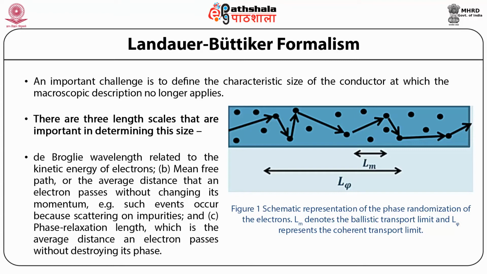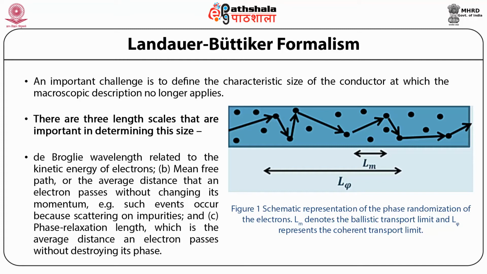Second is the mean free path or average distance traveled by the electron before altering the momentum. For example, scattering with impurities leads to the change in momentum. And lastly, the phase relaxation length or average distance traveled by the electron before destroying its phase.